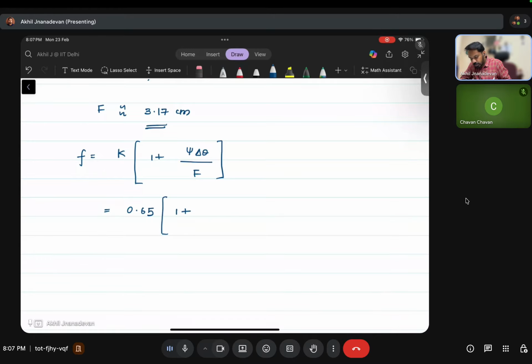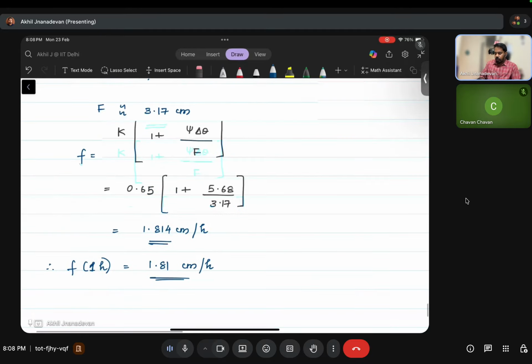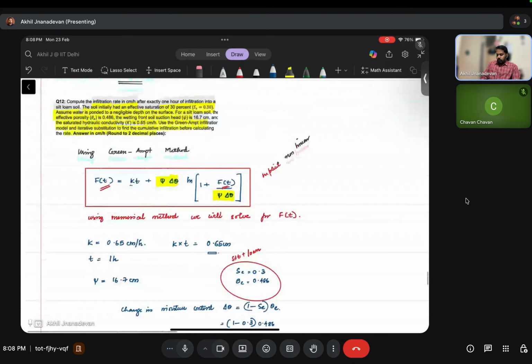Psi delta theta we already found out as 5.68, and F we got as 3.17. So whatever we are getting here is equal to 1.814 centimeter per hour. That is our infiltration rate. So f after 1 hour, rounded off to two decimal places, is 1.81 centimeter per hour. Okay, so this is the Green-Ampt method.